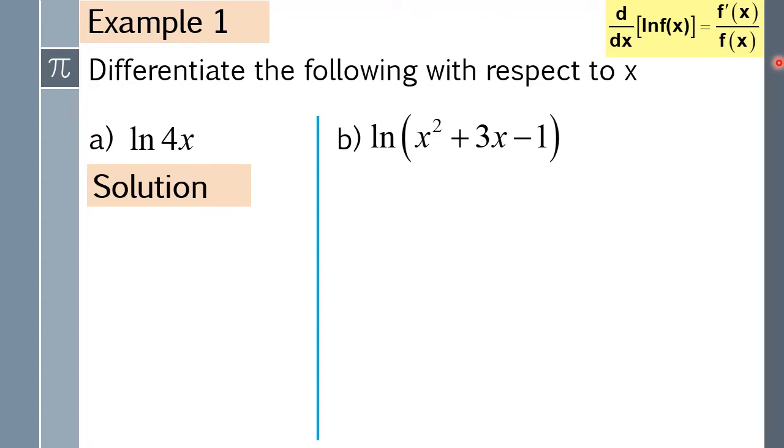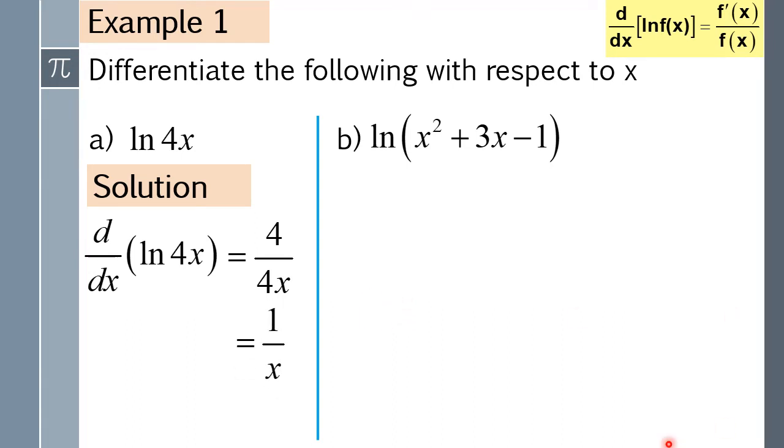The first step: for ln f(x), we copy f(x) and put it at the bottom, then we differentiate f(x) and put it on top. So for A, we copy 4x to the bottom, then differentiate 4x to get 4. Then we simplify, we have 1 over x.